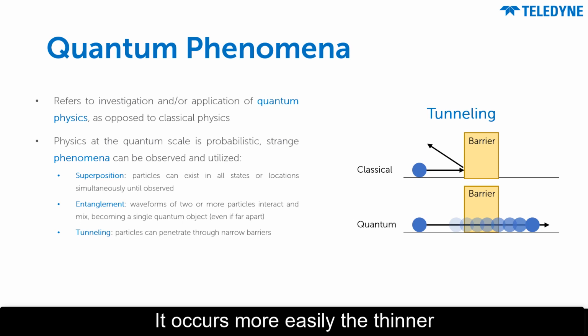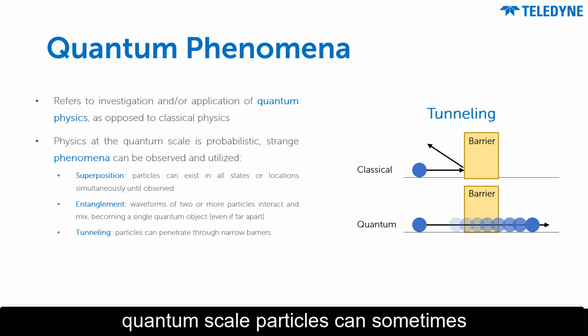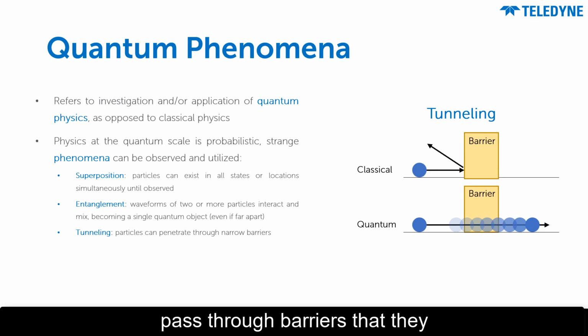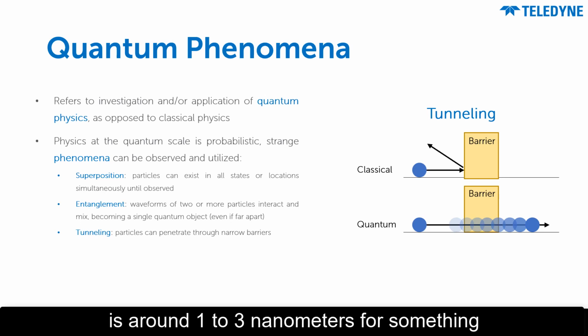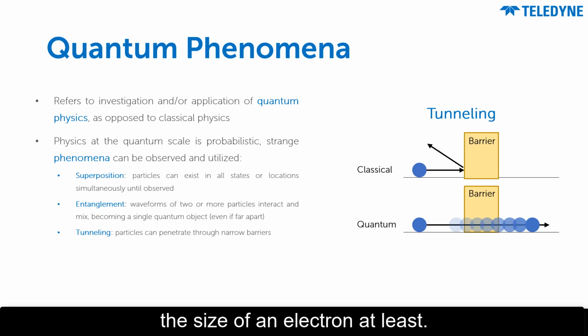It occurs more easily the thinner the barrier is, and it has to do with the wave-particle duality involved in quantum physics. But essentially it means at the quantum scale, particles can sometimes pass through barriers that they would otherwise not be able to. This occurs very readily when the barrier is around 1 to 3 nanometers, for something the size of an electron at least.